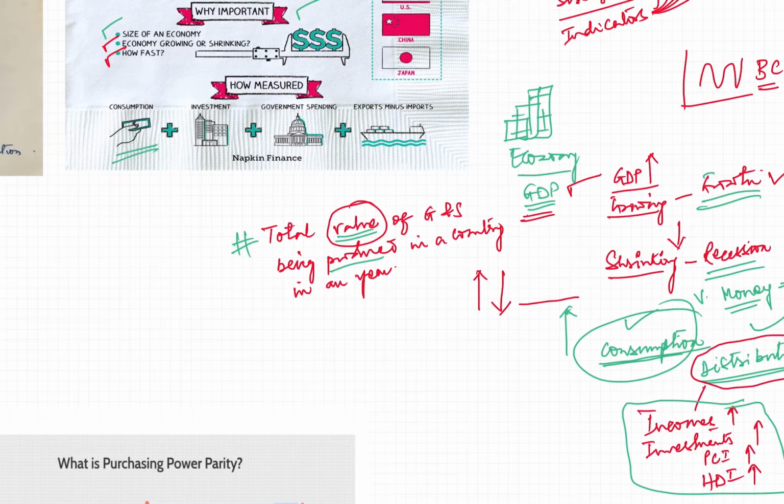It is by consumption, investments, quantum of investments, how much the government is spending. Of course, when the economy is in the growth phase, the government earns revenue by way of taxes, by way of duties, right? All these things, they contribute to what? Government exchequer.